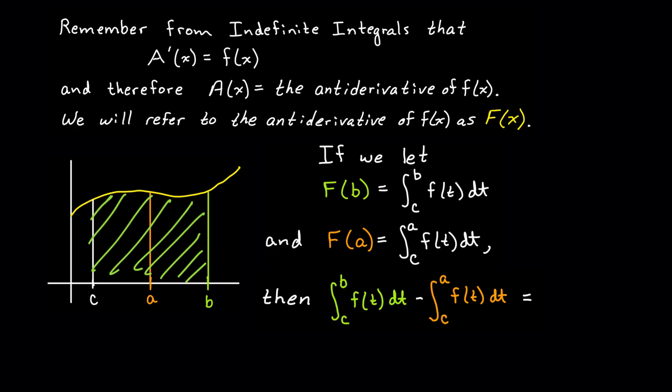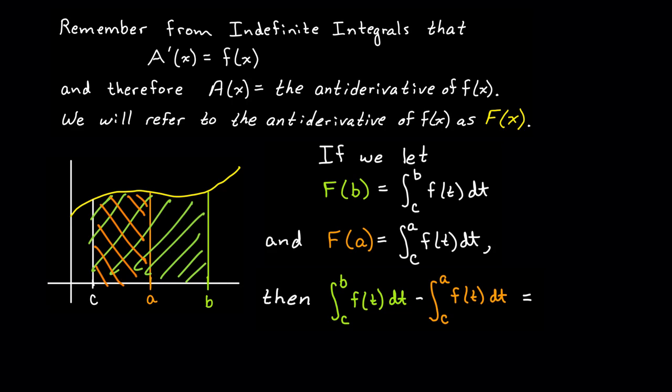If you remember, the antiderivative is going to be the same thing as your area. So the area from c to b is going to be referred to as the antiderivative evaluated at b. Now, the integral from c to a is going to be your antiderivative evaluated at a, and that will be your orange section. So the integral from c to a would be this area right here.